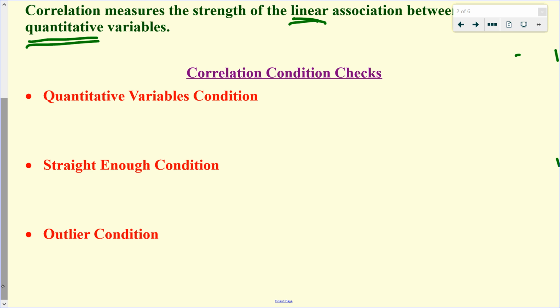It's going to be an issue right now, but you're going to get very used to doing condition checks. Almost everything we do going forward will involve some type of condition check.